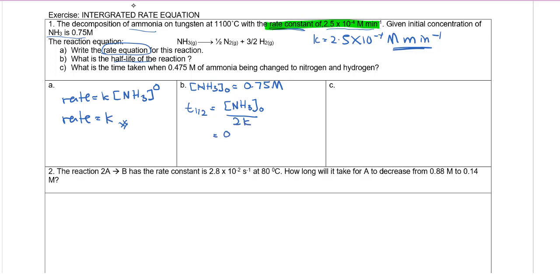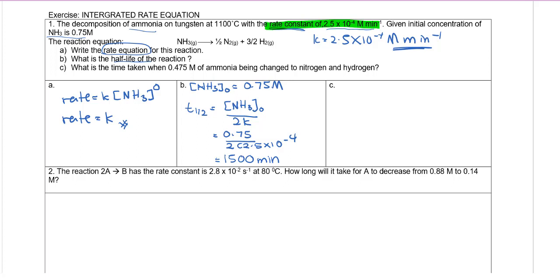So initial is 0.75 divided by 2 times 2.5 times 10 to the power of negative 4. So you will get 1,500 minutes. Why is it minute? Because the unit here is minute, not second.